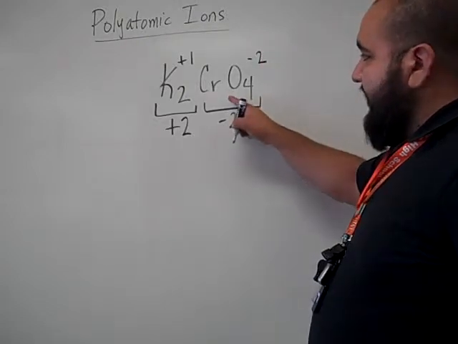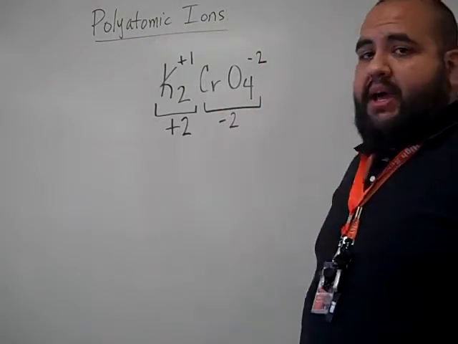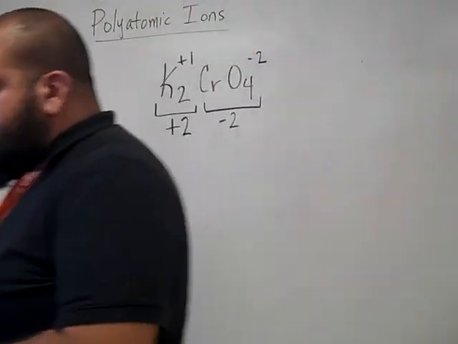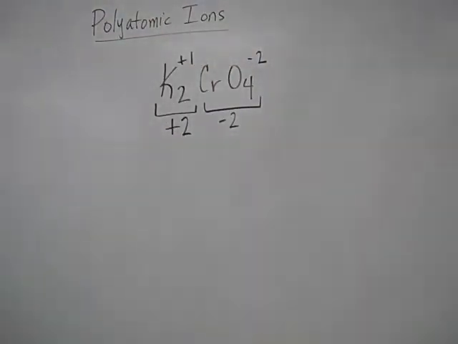Now, what is the name of this polyatomic ion? You're going to have to look at a chart. Now, the chart looks very distinctive. Let me see if I can find one real quick.